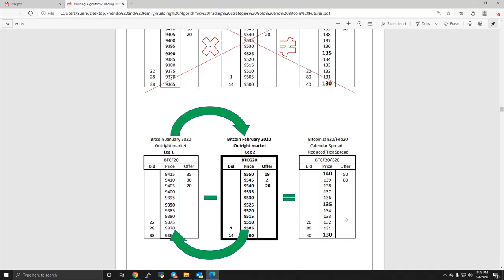This is just how the pricing mechanism and the pricing protocol was designed on the back end for the CME matching engines and order book management systems. So this just needs to be memorized, that the Bitcoin calendar spread is actually leg 2 minus leg 1. And that being said, what you do to the calendar spread, you are doing to leg 2. So if I buy the calendar spread, I'm buying leg 2 and selling leg 1. If I sell the calendar spread, I'm selling leg 2 and buying leg 1.